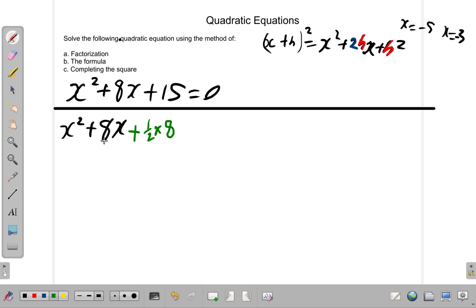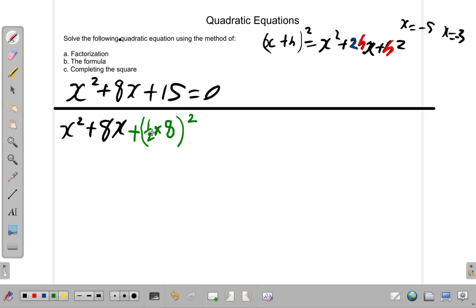Half of the number that multiplies x, and that will be squared. Just like what happened here. You have 2h, half of 2h, all squared. Half of 2 is 1, so it's 1h squared, h squared. That's what happened, right? So notice that carefully.